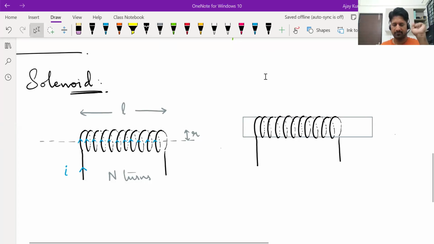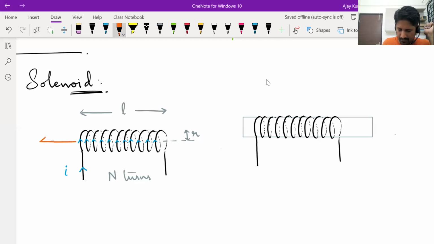It will point to the left. That means this system creates a magnetic field to the left. Like this. You can imagine this as a field line. So what happens? This side behaves as a south pole and that side behaves as a north pole. This is what we call an electromagnet actually.